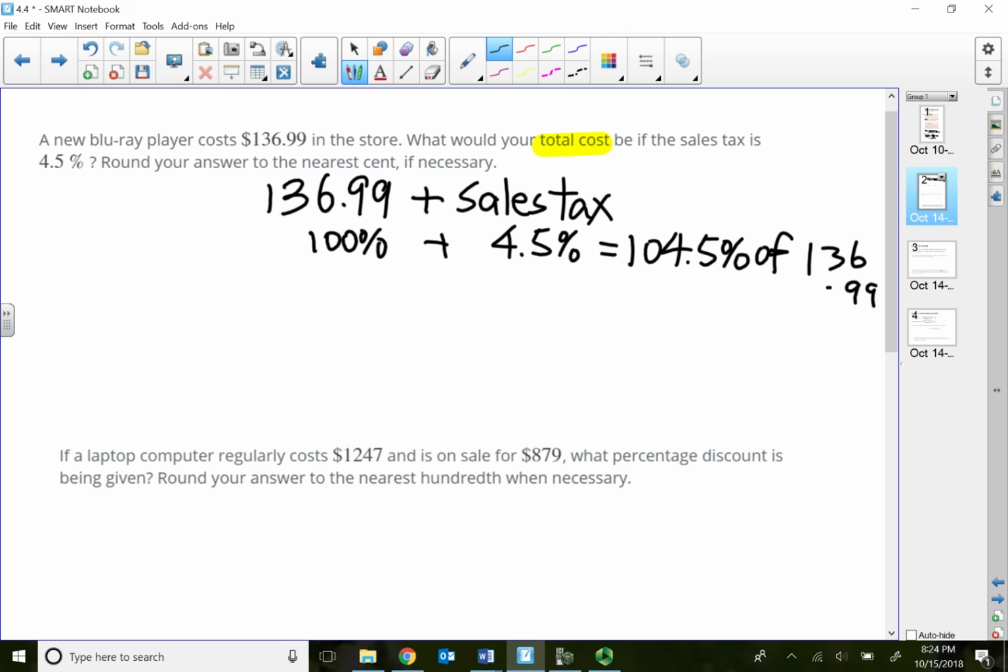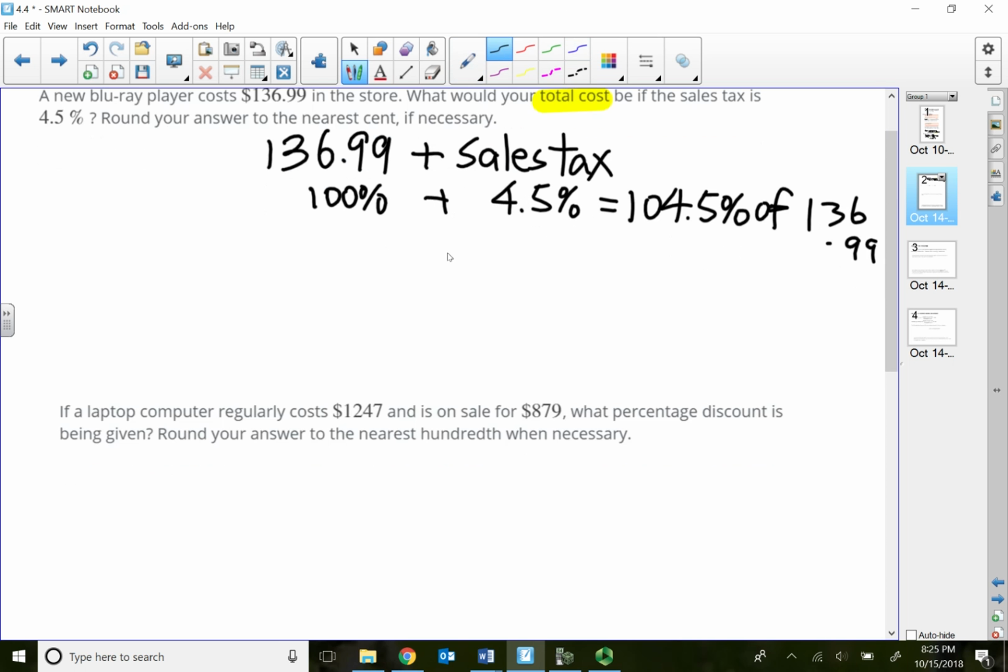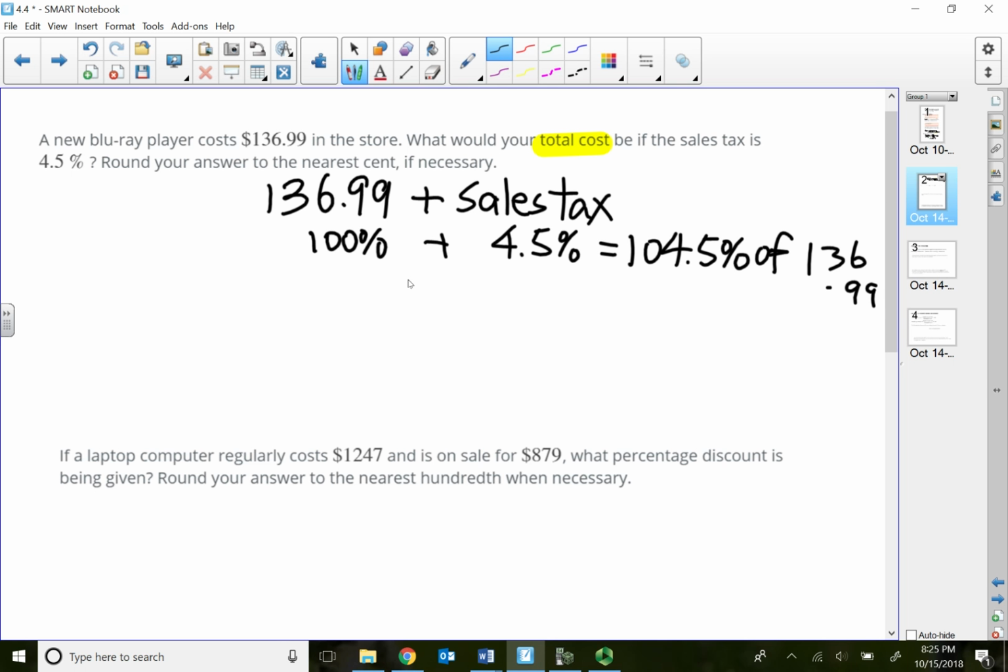This is one quick way to do it, and this is something we do all the time, very common. So we're basically going to take $136.99 times 104.5%.